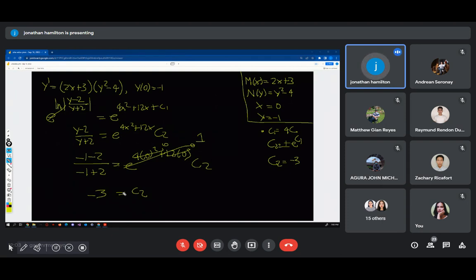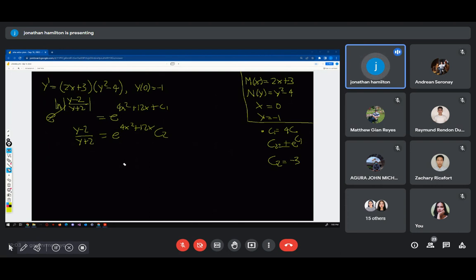So for this, we have the value of C2. So we can erase this. And then from here, we can try and simplify the equation para makuha nato ang general equation or general solution. Once natin general solution with C2, we can substitute the value of C2 para makuha nato ang particular solution.